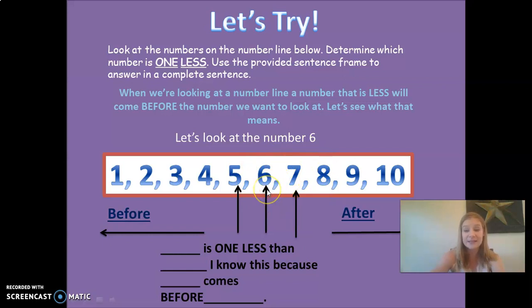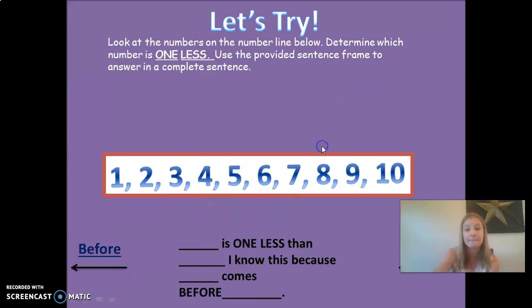If it's one less than 6, it's going to be on this side of the number 6. If it's on this side, it would be more, but we want less, so we're looking on this side. And I can tell by looking that the number 5 is to the left of 6 and it comes before. So let's put that in our sentence frame. 5 is one less than 6. I know this because 5 comes before 6.